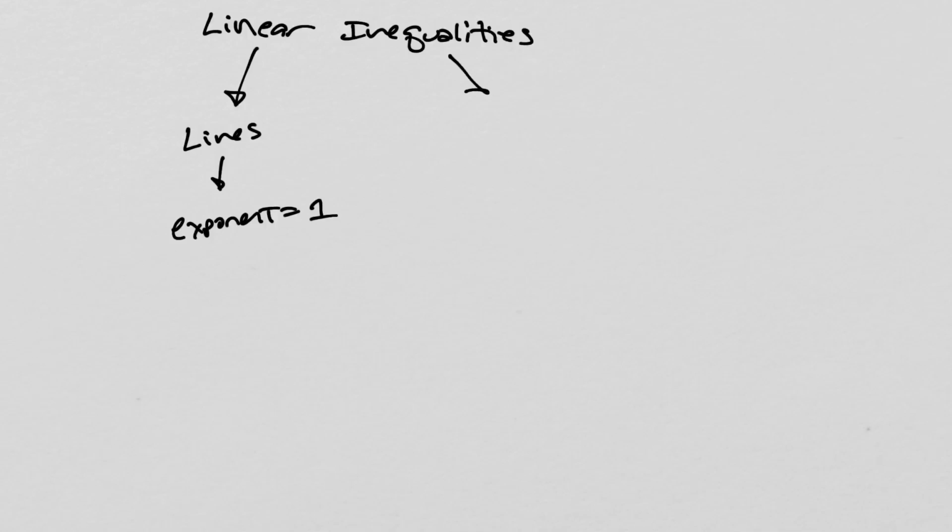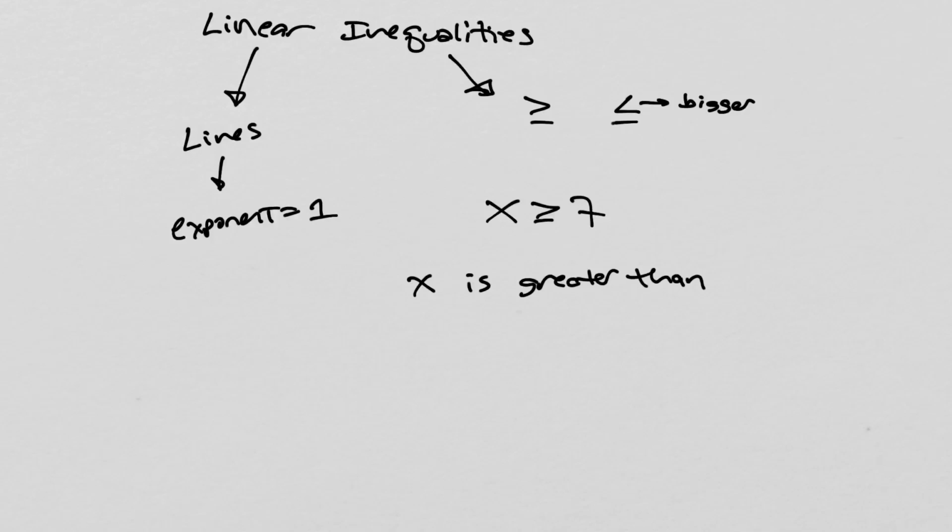Right? And when you see inequalities, what that means is we're going to have either a greater than symbol in there or a less than symbol in there, right? And if you remember, the alligator's mouth points towards the bigger value, right? So if I wrote this down, the way we'd say this is x is greater than 7.